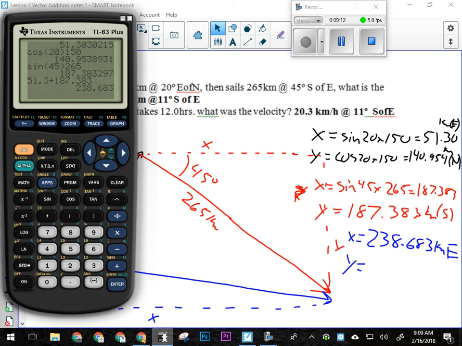All right, so y will be 187.383 minus 140.954. All right, so 46.429.